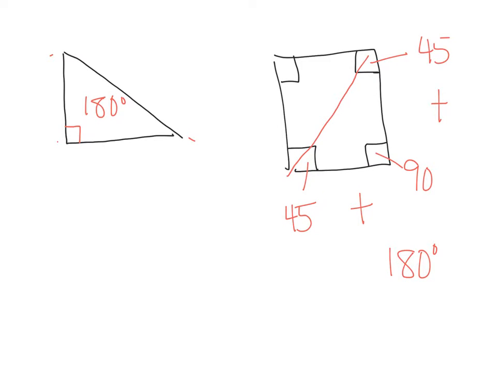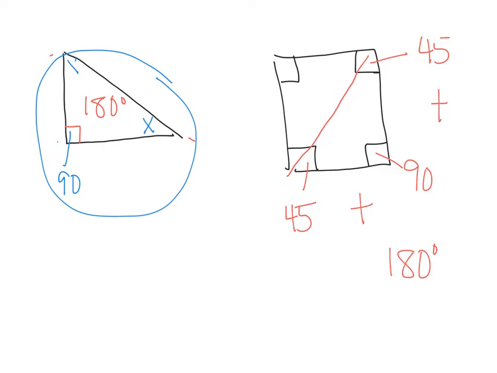Now, having said this, if you knew that this was 90 and the whole thing equaled 180, and let's say you didn't know what these two were, we could write an equation to find that out, couldn't we? How many x's do you have in this problem?